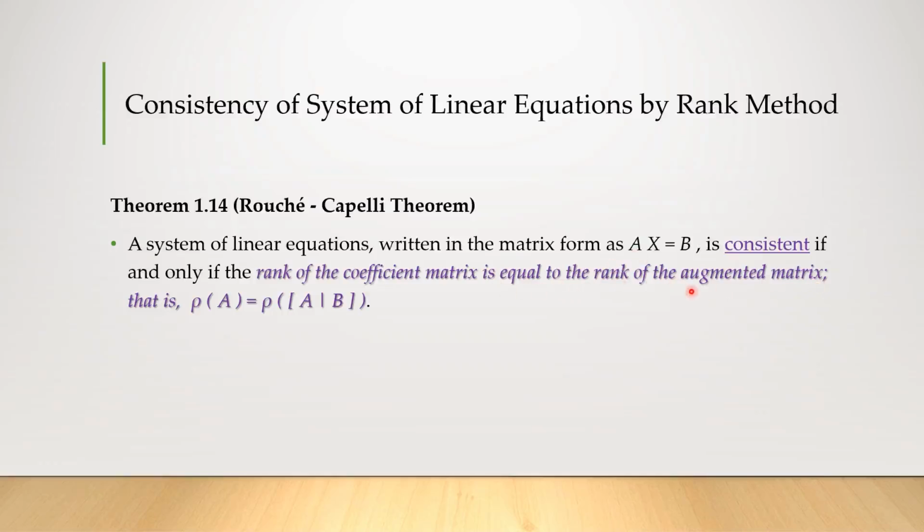Augmented means the combination of two matrices, that is A and B. That is, rank of A equals rank of the augmented matrix [A, B].